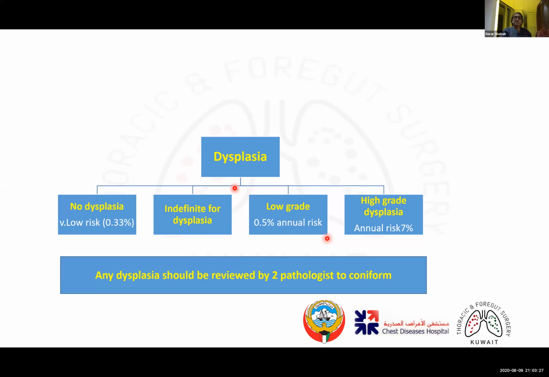What I'm worried about is high-grade dysplasia, because it carries an annual risk of about 7%. Anyways, any diagnosis of dysplasia should be confirmed by 2 experienced pathologists, all right? And this is very important.